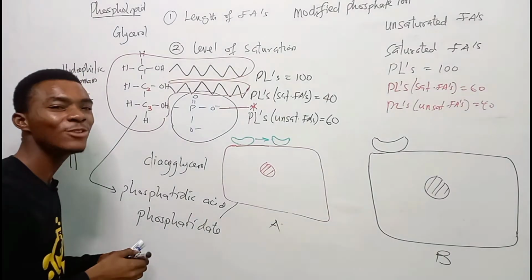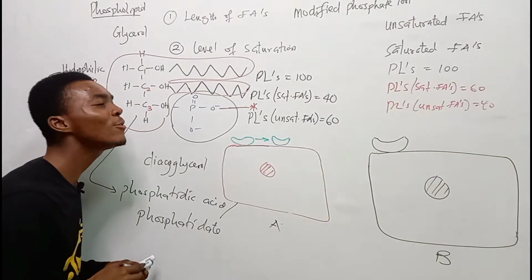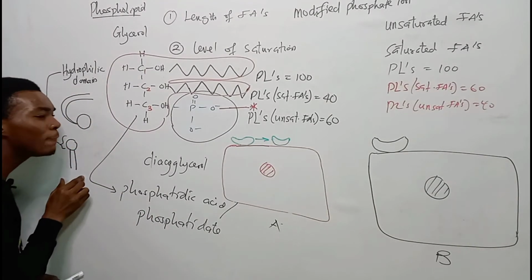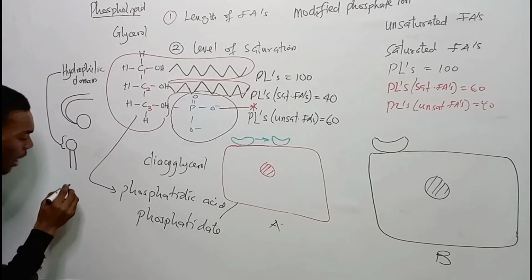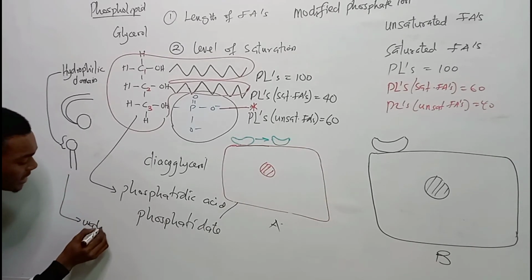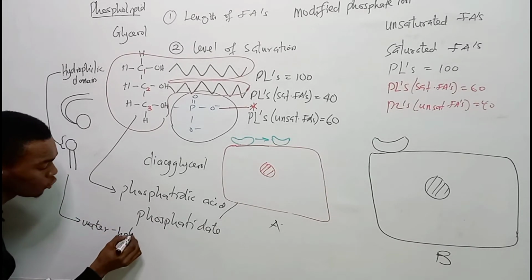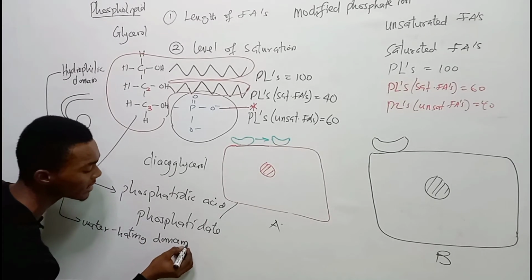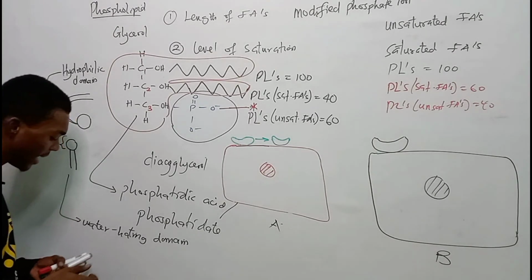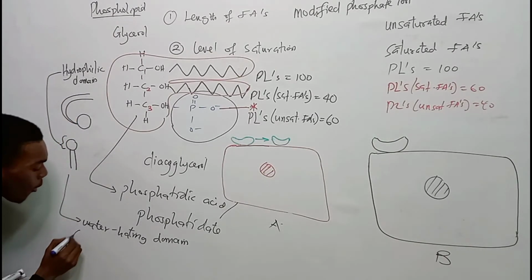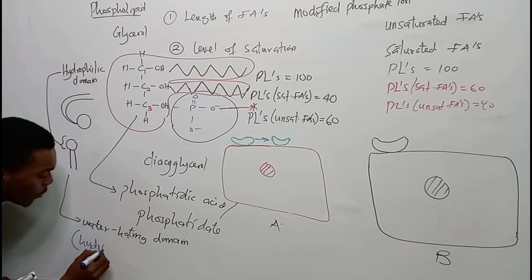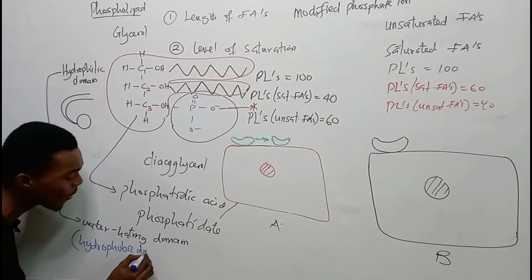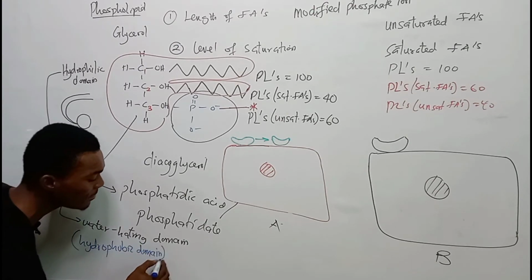And being non-polar, they don't dissolve in water, so they tend to hate water. The tails are the water-hating domain of our phospholipid structure, and in more scientific terms, we say that they are hydrophobic. Hydro means water and phobia means to hate. So the hydrophobic domain of our phospholipid structure.